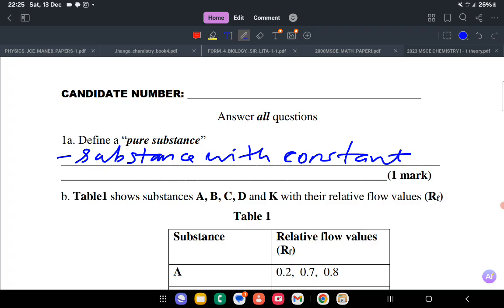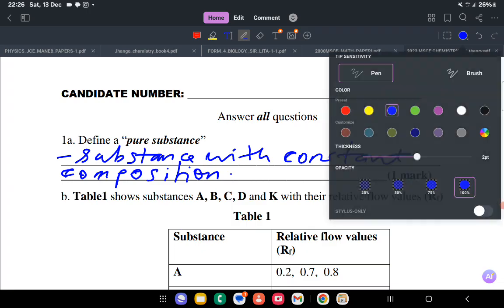The simplest definition of a pure substance is a substance with a constant composition. Take note, this is 1 mark. If you say this correctly, you have 1 mark there.